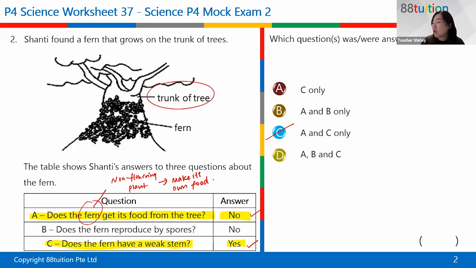So if it clings on to the trunk of the tree, it has a weak stem. So the answer is yes. Does the fern reproduce by spores? The answer is no. So this one is a wrong answer. Actually, the answer is yes. Because it is a non-flowering plant, it doesn't just make its own food, it also reproduces by spores. Unlike flowering plants, they reproduce by seeds, but because it's a non-flowering plant, it reproduces by spores. Okay, so therefore the answer is C.